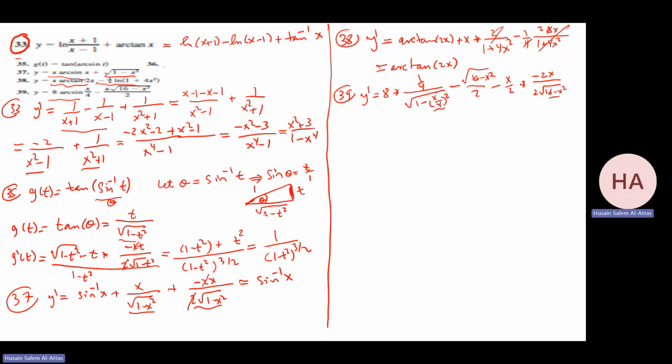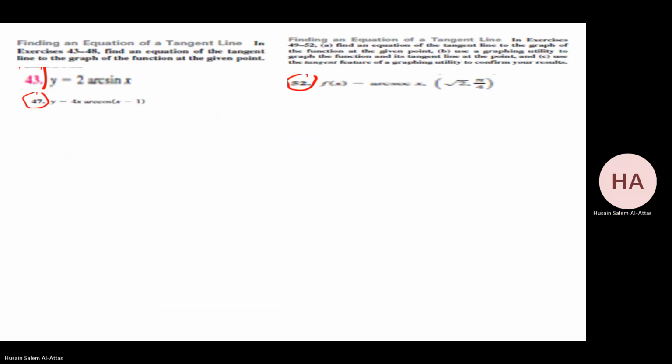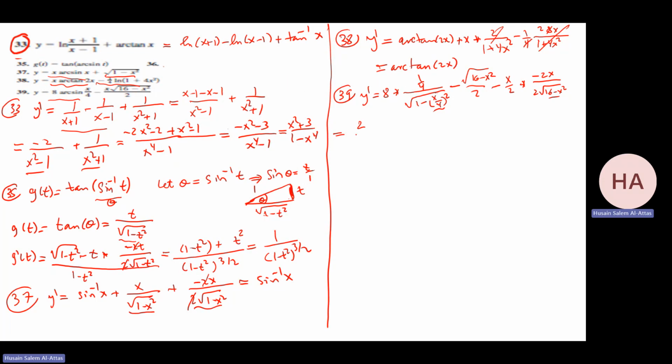Now let us do the calculation. That will be 2, that will be 2 over root, not 4, 16, 2 over root 16 minus x squared, all over 4, minus this one over 2.